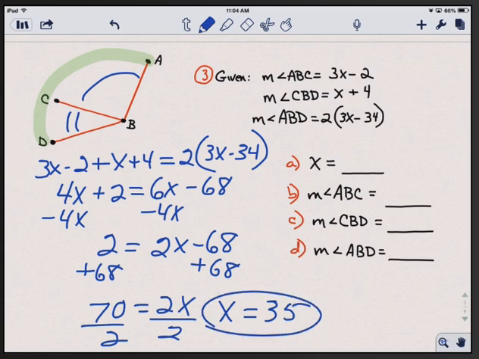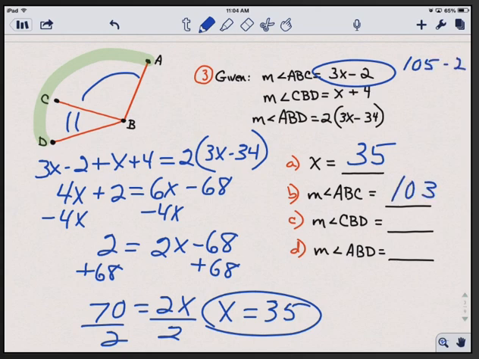So the way in which I set up the 4 questions, I'm basically asking you to check your answer. If x equals 35, then ABC is 3 times 35, 105, minus 2, which is 103. 35 plus 4 is equal to 39 for angle CBD.